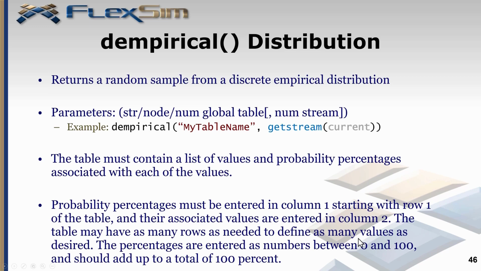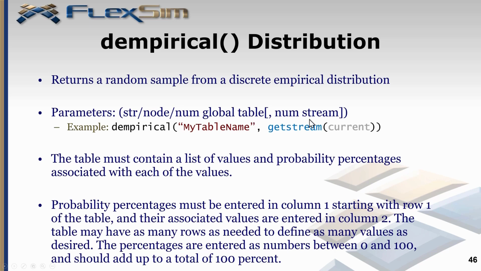Okay, we need to talk about the empirical distribution, or in this case the dempirical, discrete, D for discrete, empirical distribution. It returns a random sample from a discrete empirical distribution. You're going to need to use this in this phase of the model. The parameters are as follows. The first parameter can be a string, node, or number, and it's a reference to the global table containing the empirical data.